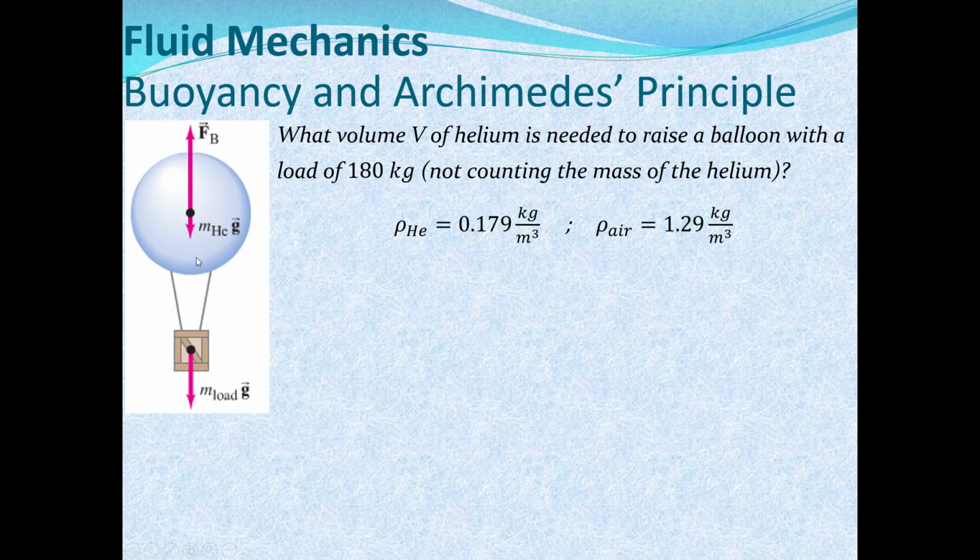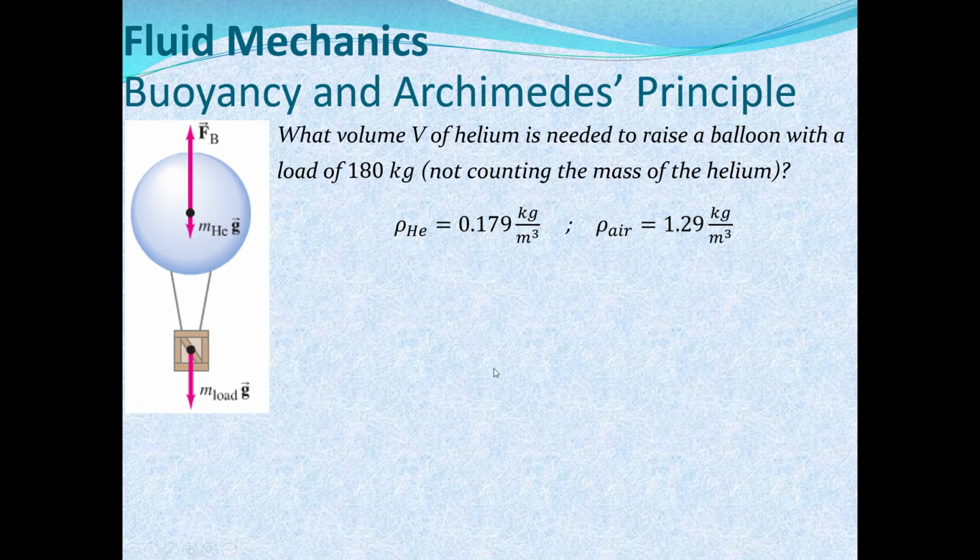Make sure that you include it. Now again, there's a diagram here, which hints that you need to figure out the weight of the helium, but you don't always have this diagram. So you want to make sure that you practice getting the diagram yourself and you don't forget it.